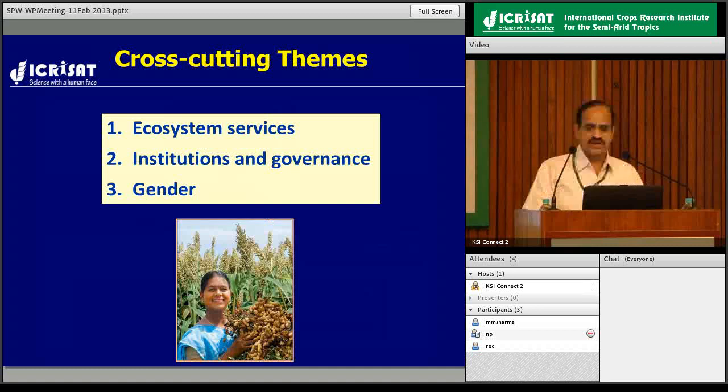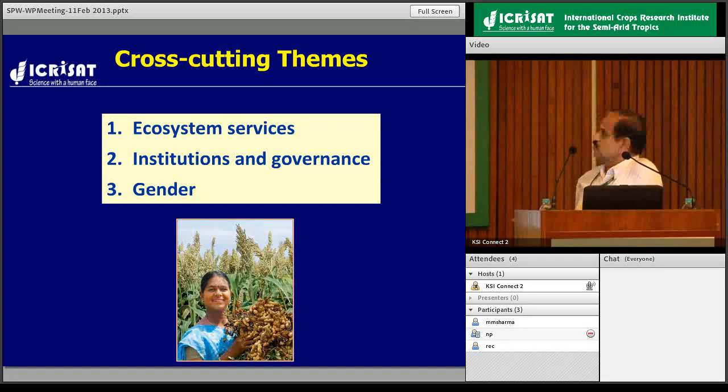The cross-cutting themes, in addition to the research portfolio: one group deals with ecosystem services, a cross-cutting group has been formed on institutions and governance, and the third one is gender. Across the research portfolio, these three cross-cutting themes are addressed, and specific focal points are taking care of the specific issues related to ecosystem services.